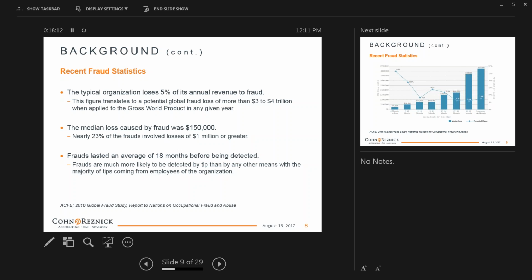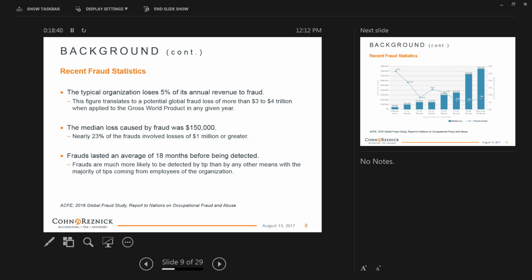And it's important because the study has some very clear statistics on what the cost of fraud to an organization is. And these aren't anything new. These statistics have been pretty consistent over the last 5 to 10 years. A typical organization loses 5% of its annual revenue to fraud. 5% of annual revenue.